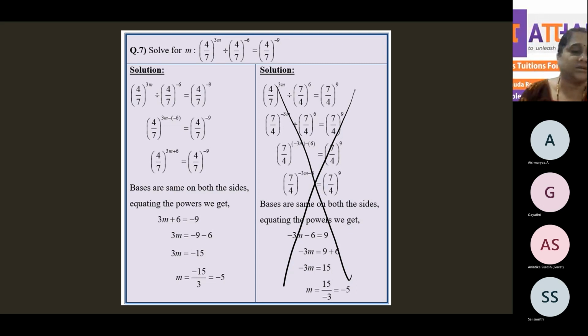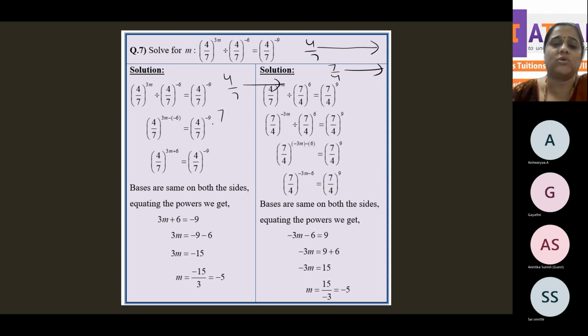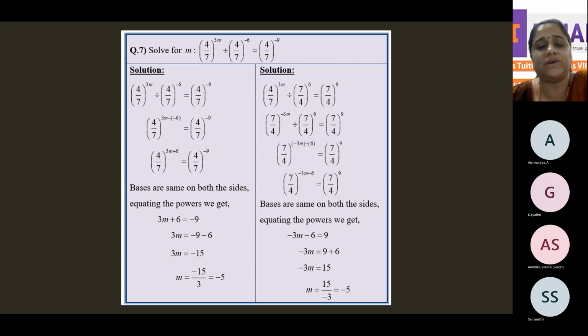Now on the other side, you can see a different working. The base is 4/7, so you can have 4/7 throughout, or you can also have 7/4 throughout. Sometimes, when the power is negative, we feel we'll make it positive.